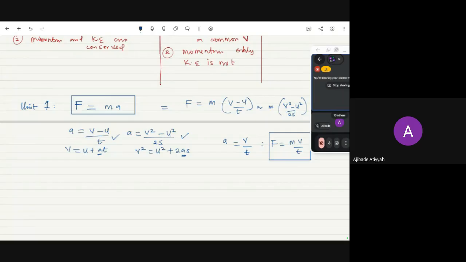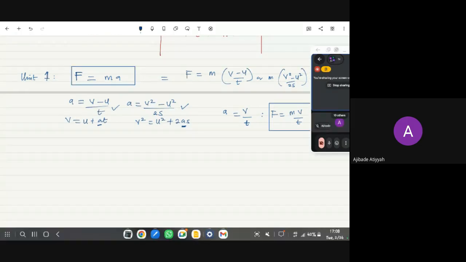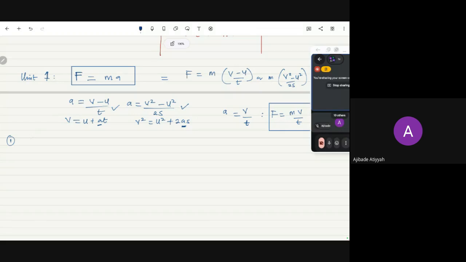So the first question I have, question number 1: A rocket burns 0.001 kg of fuel each second and ejects it as a gas with a velocity of 5,000 meters per second.